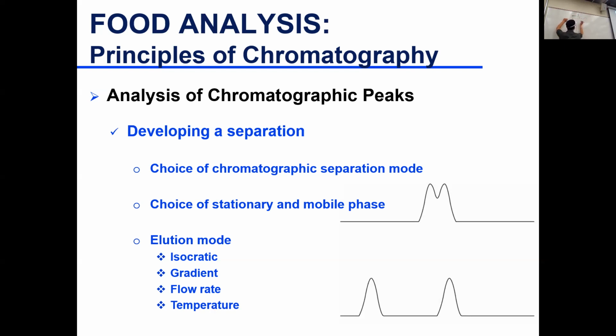But if you have high flow rate, then you can get two separated here, like that. So you have two sharp peaks separated. So flow rate is really important. But if your flow rate is too fast, these two peaks will be one peak.